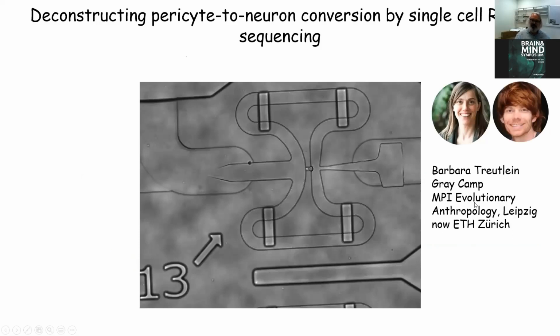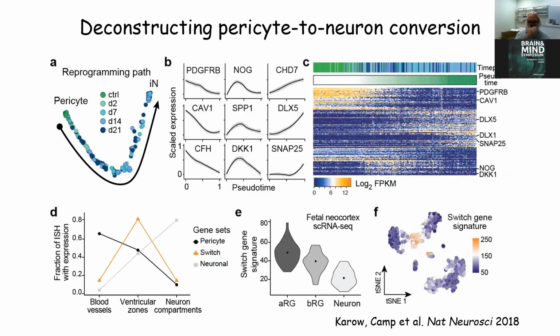And to understand what actually happens during this process, we teamed up with Barbara Treutlein and Greg Camp, really brilliant scientists who were very early participants in single-cell transcriptomics of neuronal cells. And this is, of course, very early single-cell data. Nowadays you would expect tens of thousands of cells, but this was a really revealing experiment, even though we had only a couple hundred cells.